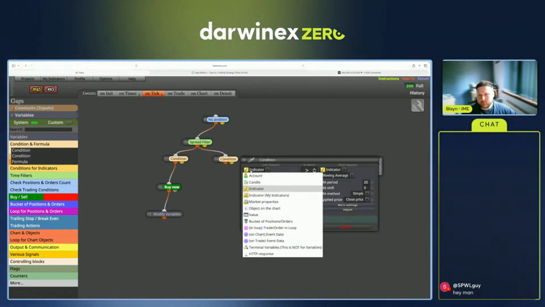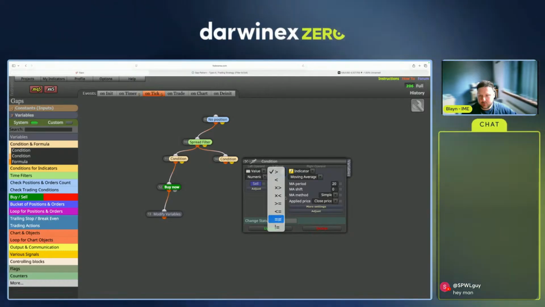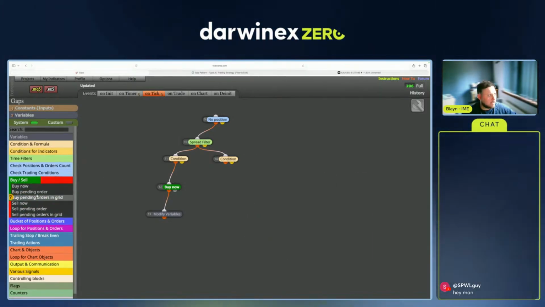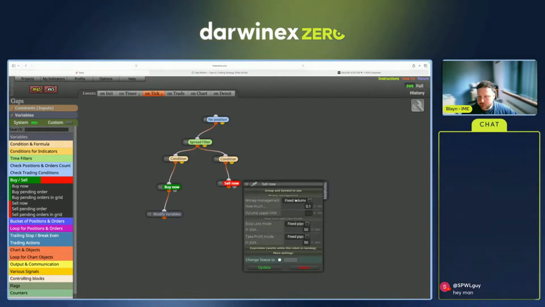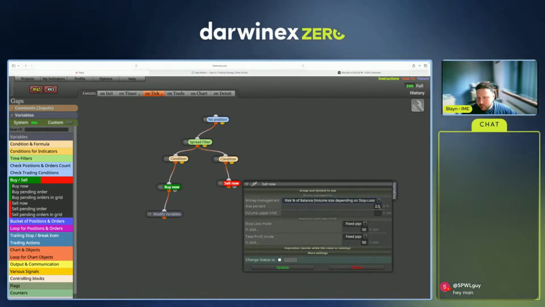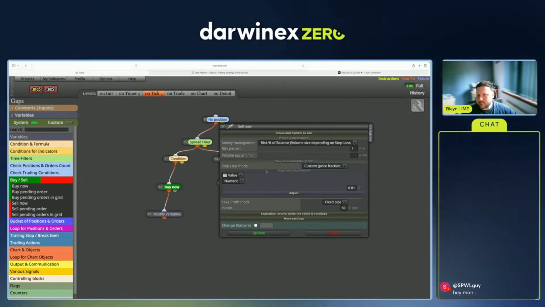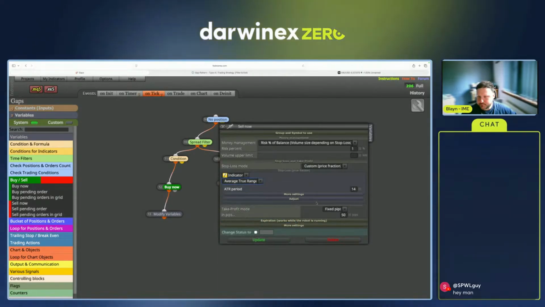So again, we're moving to value. We'll look at sell equals value 1, and then we'll put the sell side in here as well. The sell block, again, risk of 1%. Custom price fraction, average true range.